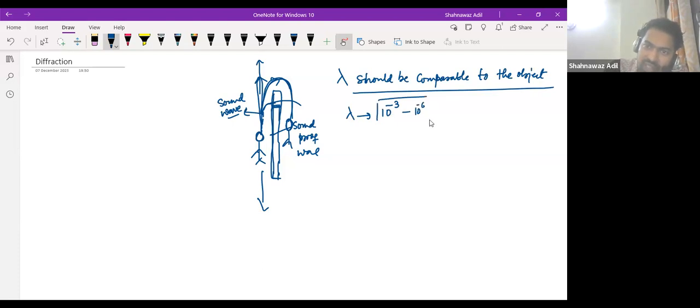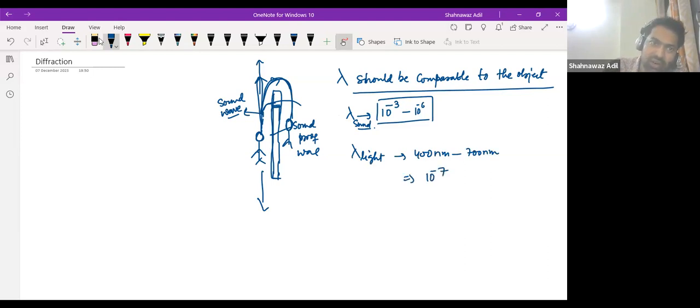But what is the wavelength of visible light? It starts from 400 nanometers to 700 nanometers, which is around 10 to the power minus 7.